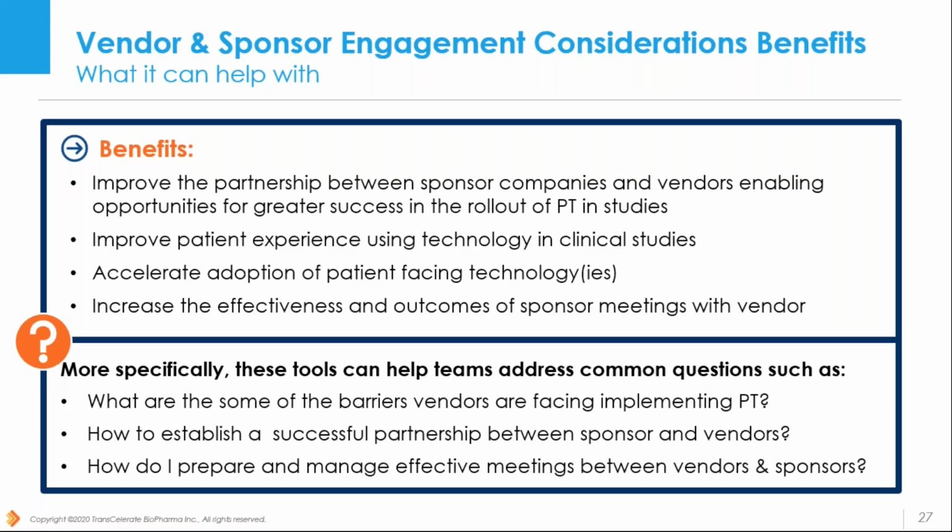One thing we heard from both vendors and sponsors during our conversations is that many times those meetings don't always have agendas. They don't always have clear outcomes. The vendor and sponsor engagement considerations document that we've developed helps you formulate that prior to the meeting.